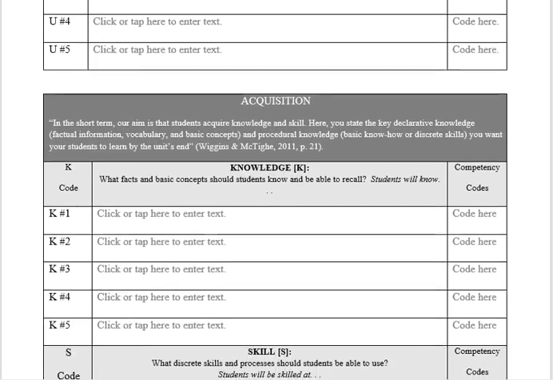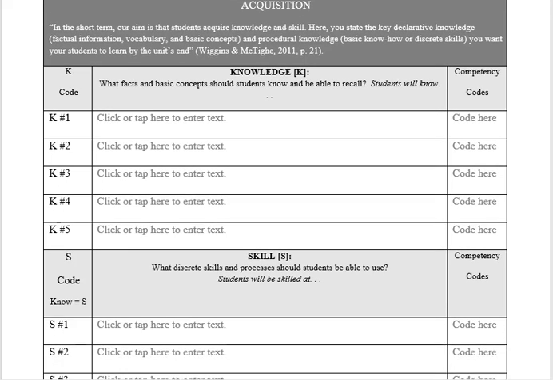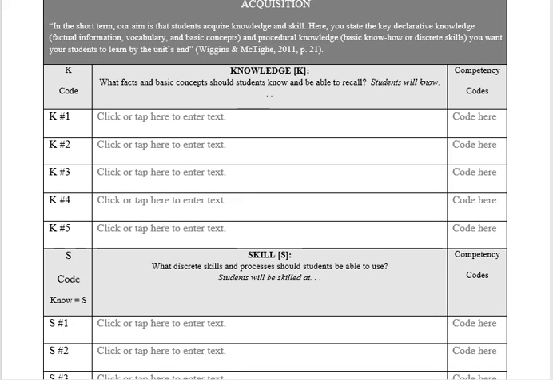So now we're going to come into the specifics, which is the acquisition portion. So here you're going to list the actual knowledge that they've gained. So these are basic know-hows, discrete skills that they have.